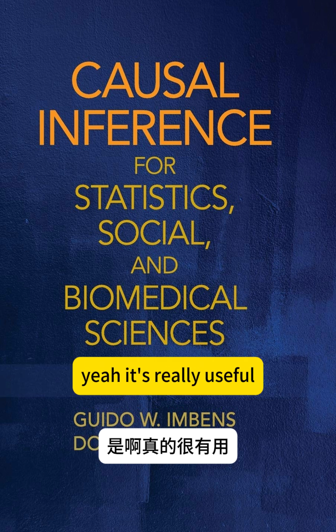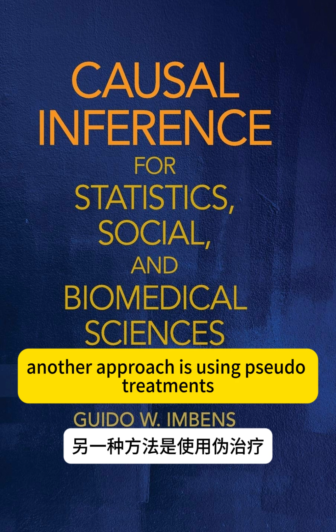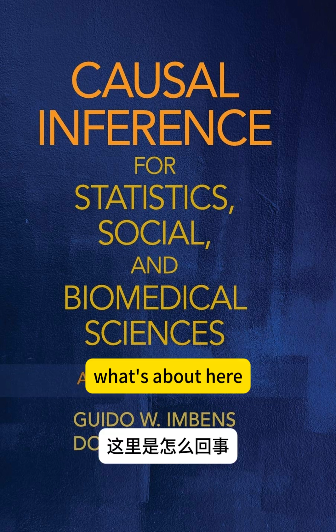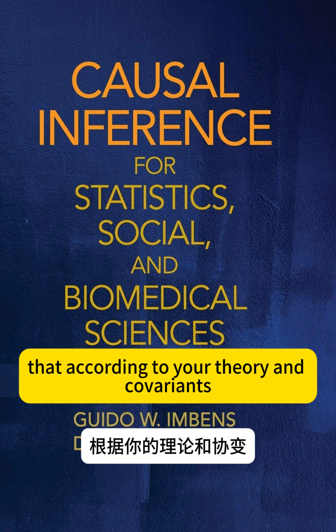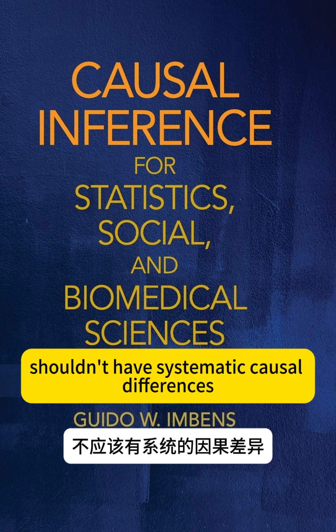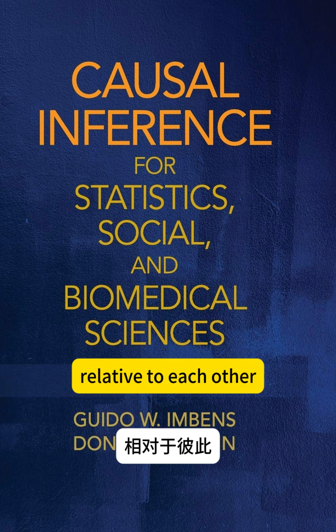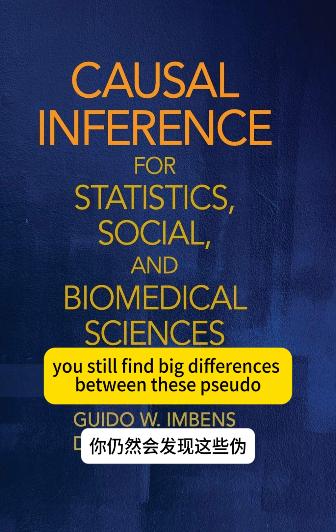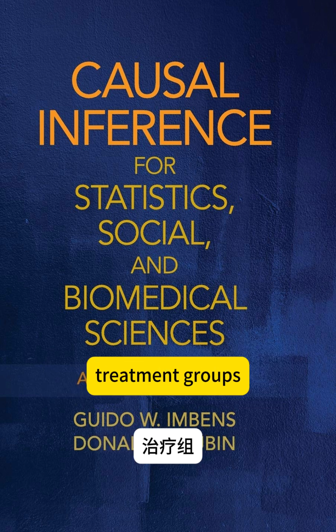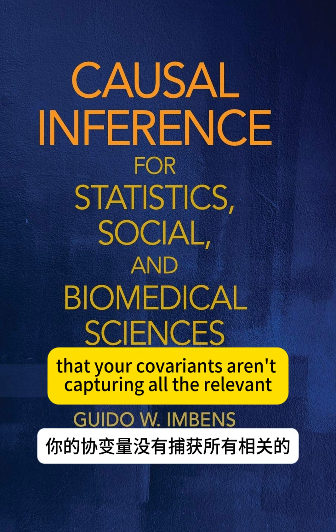Yeah, it's really useful. Another approach is using pseudo-treatments. Okay, what's that? Here, you compare outcomes between different groups that, according to your theory and covariates, shouldn't have systematic causal differences relative to each other. If, after adjusting for covariates, you still find big differences between these pseudo-treatment groups, it again makes you worry that your covariates aren't capturing all the relevant confounding.